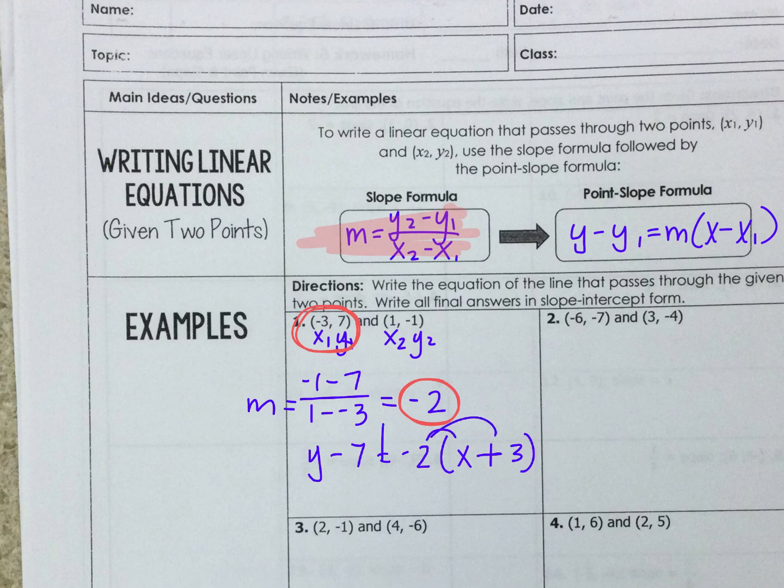Step 1, distribute. y minus 7 equals negative 2x minus 6. I'm going to add that 7 over here with the 6. That gets my y by myself: negative 2x plus 1.